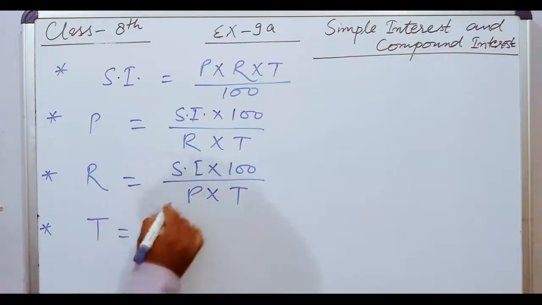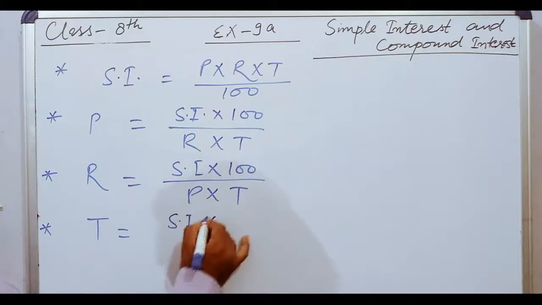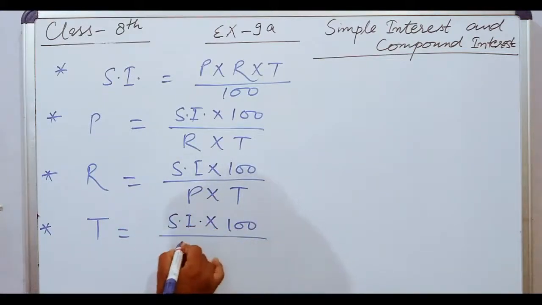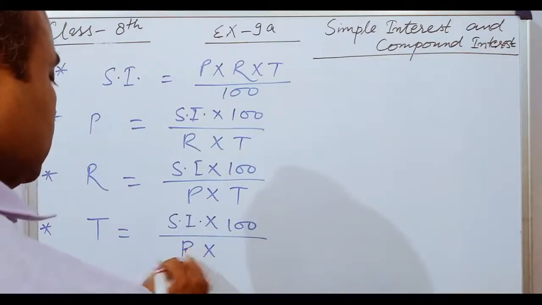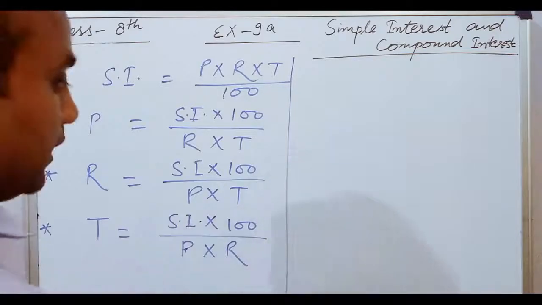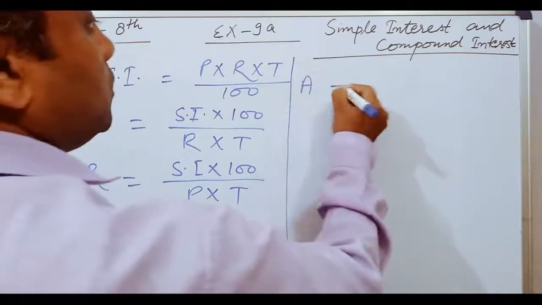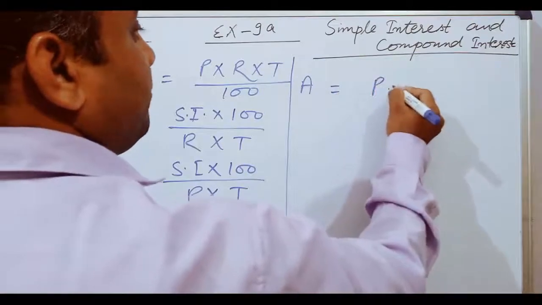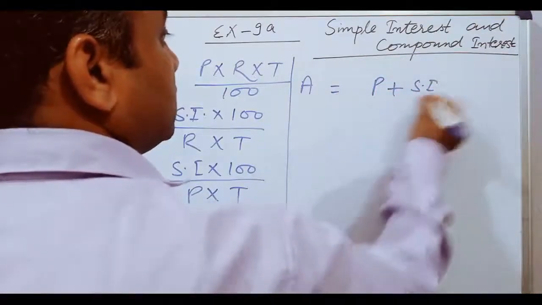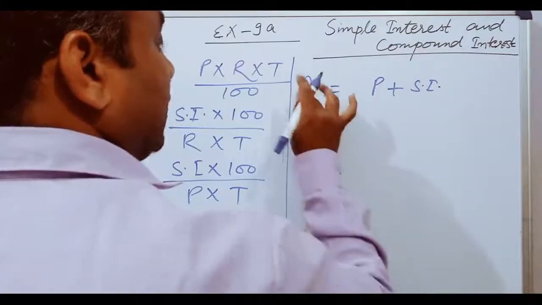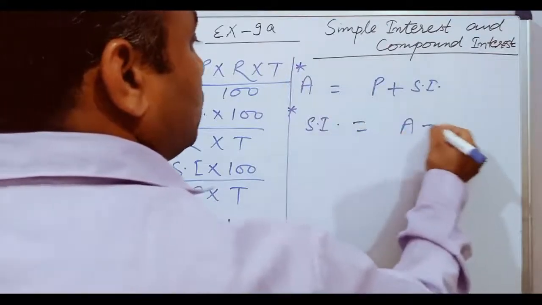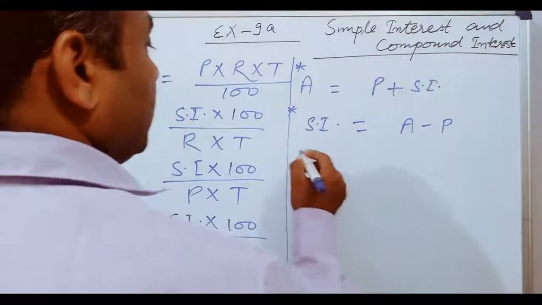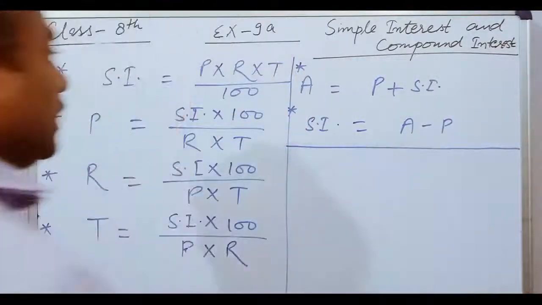If we want to find time, SI into 100 upon P into R, principal into rate. Amount equals principal plus SI. If amount and principal both are given, then SI equals amount minus principal. These are the formulas.